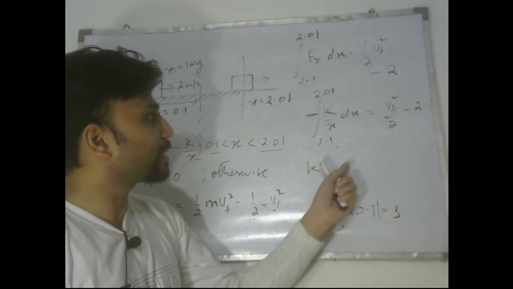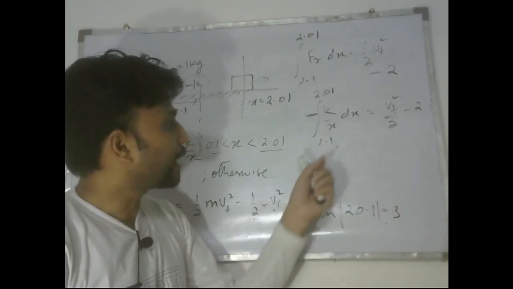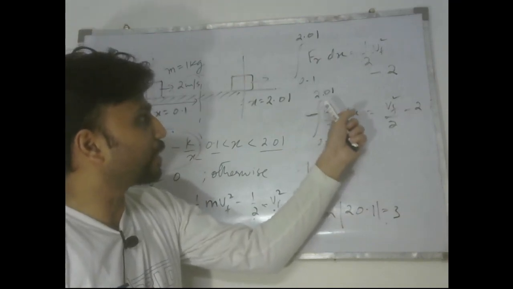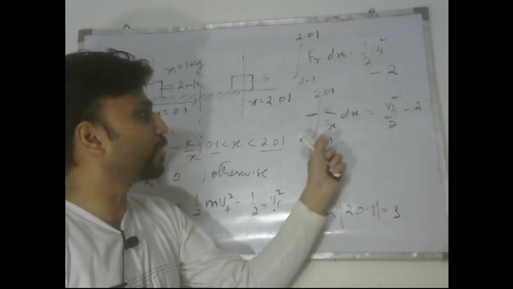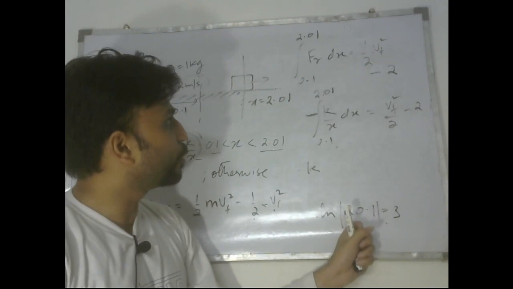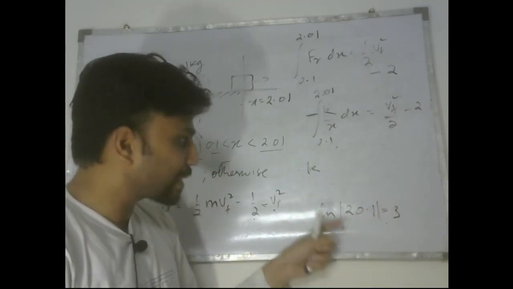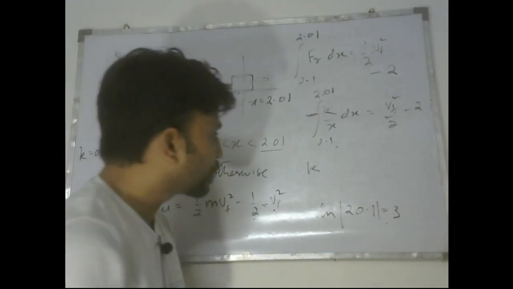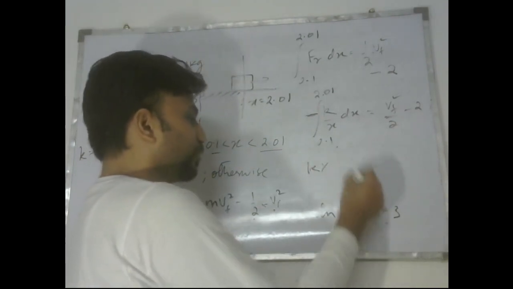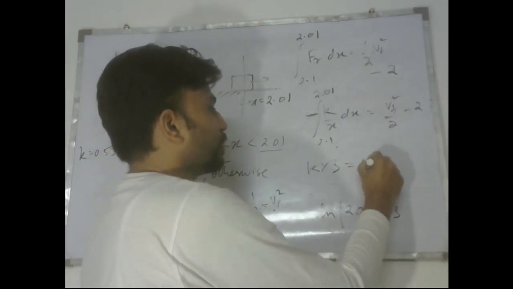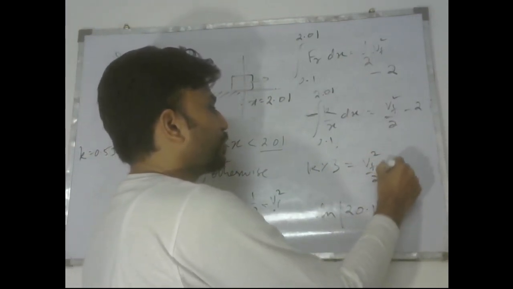So that would come as ln x, k is outside, and putting the limits in ln x, that is 2.01 divided by 0.1, would come out to be ln 20.1 only, which is exactly equal to 3. So this would come out to be minus k into this value, which is 3, and this is equal to final velocity vf square divided by 2 minus 2.